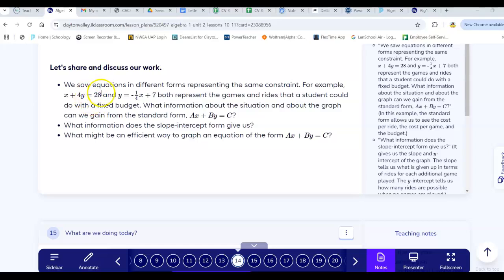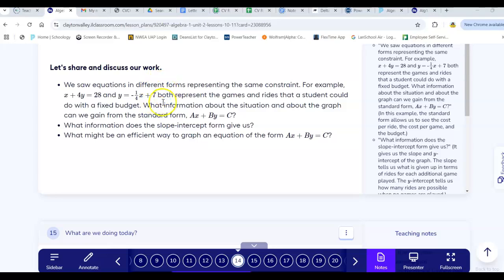Well, we can see how much money the student has to spend, and we can see the cost of games and the cost of rides. In this form of an equation, y equals mx plus b, or slope-intercept, we get different pieces of information.